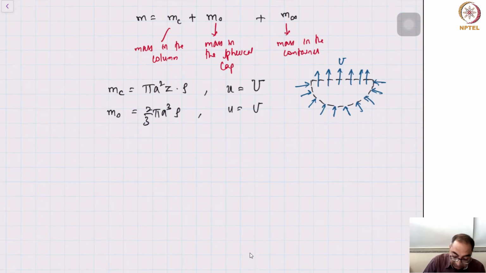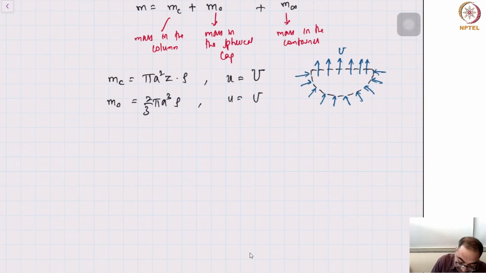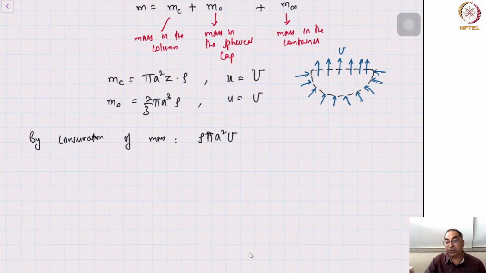So therefore, I can write down by conservation of mass, rho pi a square times U, that's the fluid that is leaving the spherical cap with capital U that I've already shown here in blue, should be equal to the mass that is entering the spherical cap.